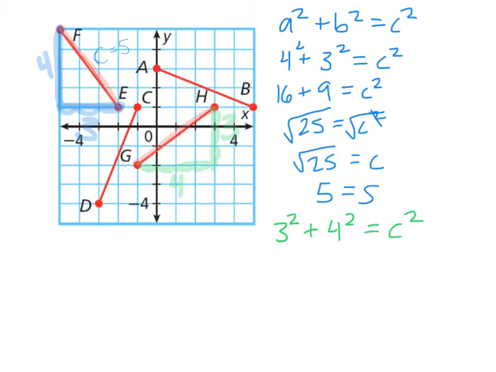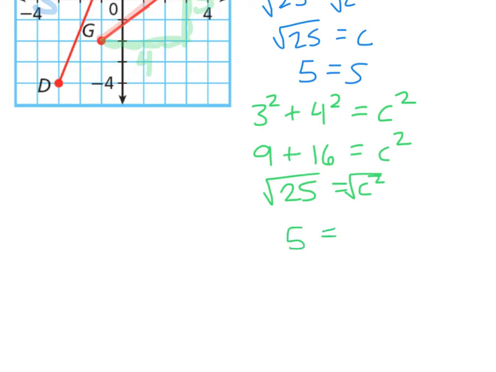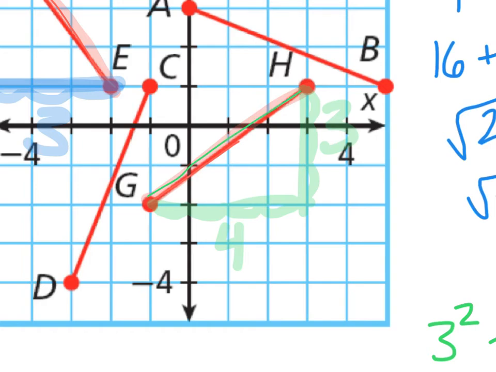What's 3 squared? What's 4 squared? 16. And that's equal to c squared. So it's 9 plus 16. 25 is equal to c squared. So we take the square root of both sides. Square root of 25 is 5. Is equal to c. So this length here is our c, so that's equal to 5.